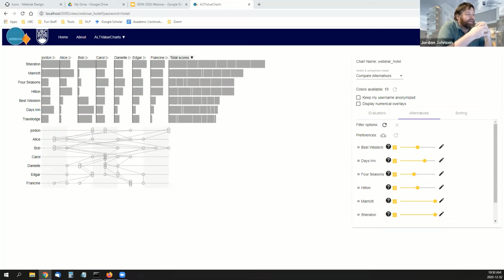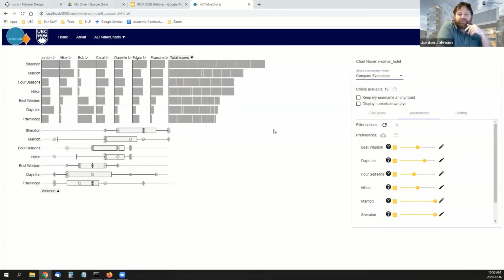Sure. Okay, so the target audience is both casual users, which is why the default when you open the tool is with the box plots. So casual users, definitely. Also professional users.